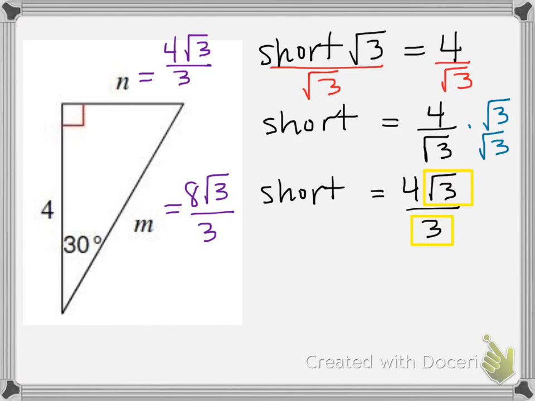If you want to think about a shortcut here, if you know the long leg and it's a whole number, take it and divide by 3, and then attach radical 3. To then get the hypotenuse, we're taking the short leg and multiplying it by 2. Keep in mind rules of fractions, we're only having to multiply the numerator. So hence why here your hypotenuse m is 8 radical 3 over 3.